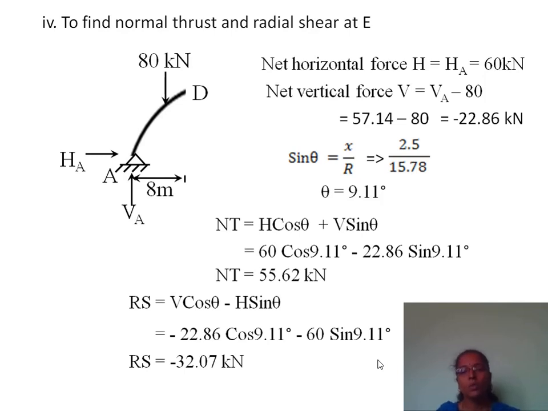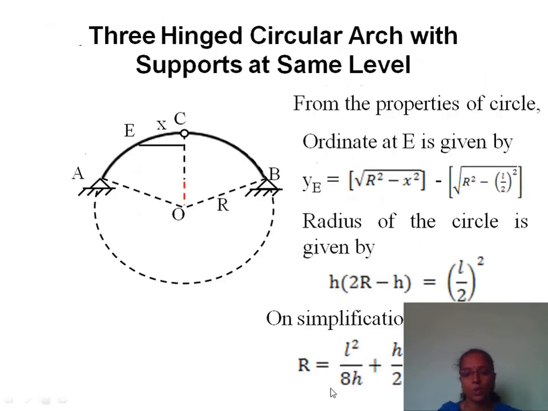The only thing is you have to remember the equations: R is given by L square by 8h plus h by 2, the ordinate at any point is given by root of r square minus x square minus root of r square minus L by 2 whole square, and sin theta is given by x by r. That is for today's session.